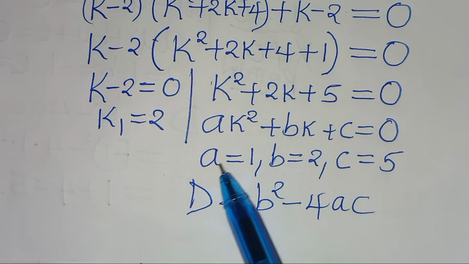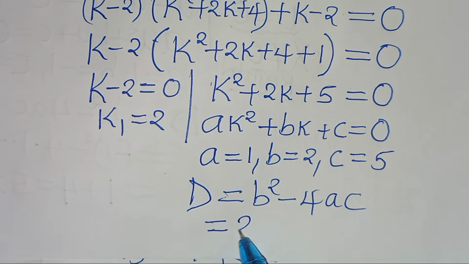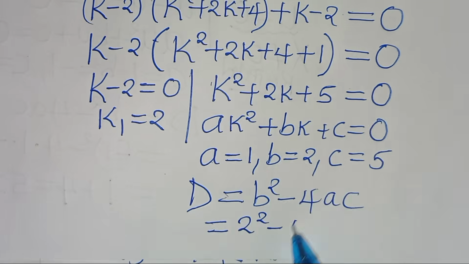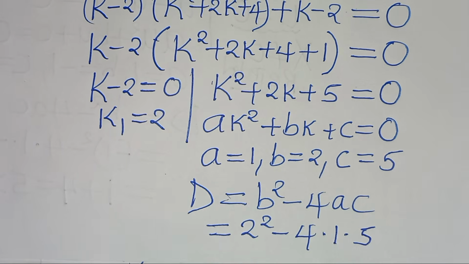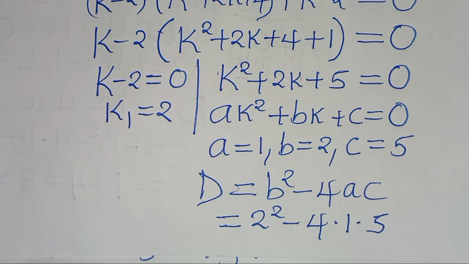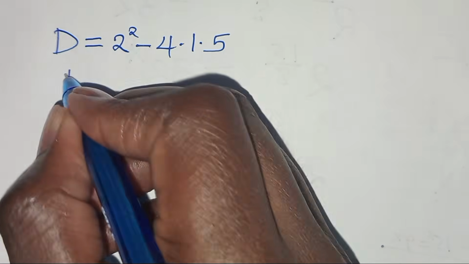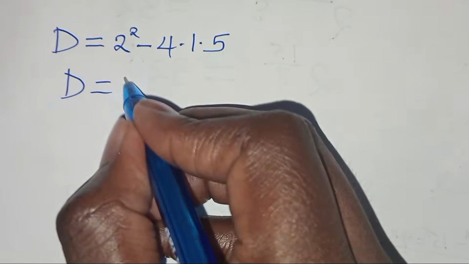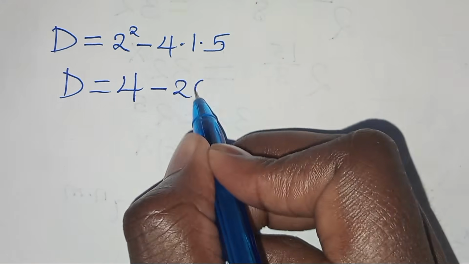So let's substitute the values of a, b, and c, so that now here we have 2 squared minus 4 times a, which is 1, then times c, which is 5. Now we have the discriminant value, which is 2 squared, this is 4, minus 5 times 4, this is equal to 20.